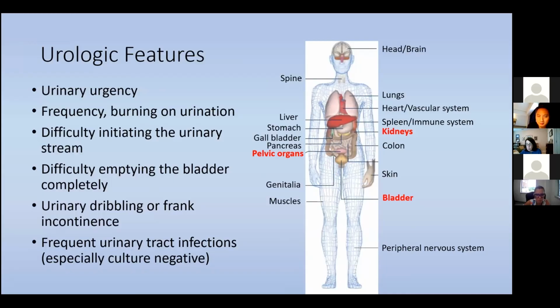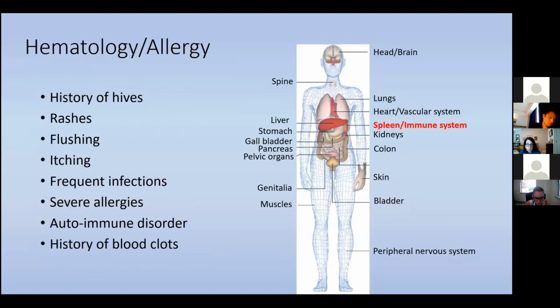So some of these can be due to occult tethered cord, and some can be due to mast cell, and some can be due to anatomic variants in the urinary tract itself.